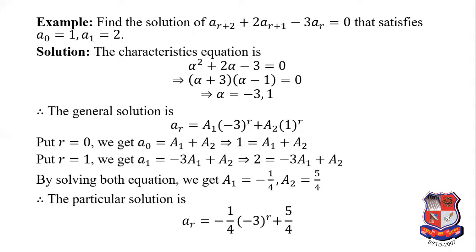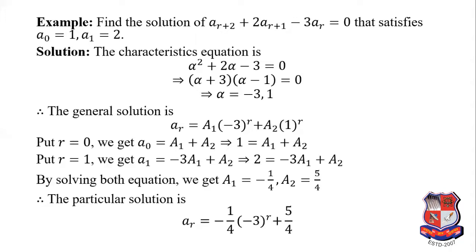As this recurrence relation is of second order, to find the particular solution, we require at least two initial conditions. If it's first order, then we require only one initial condition, as we saw in the first example we discussed, where a(r) equal to a(r-2) plus a(r-1) plus 3.